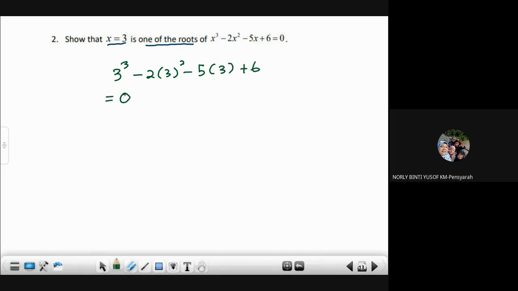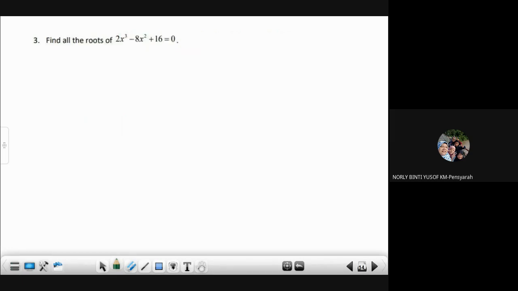Kira akan dapat kosong. So, thus x equals to 3 is one of the roots of equation. Kalau tak tulis balik polinomial, tulis je equation. Okay, and then we go to question number 3.